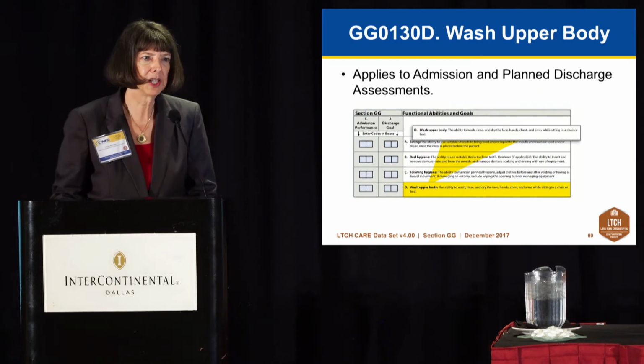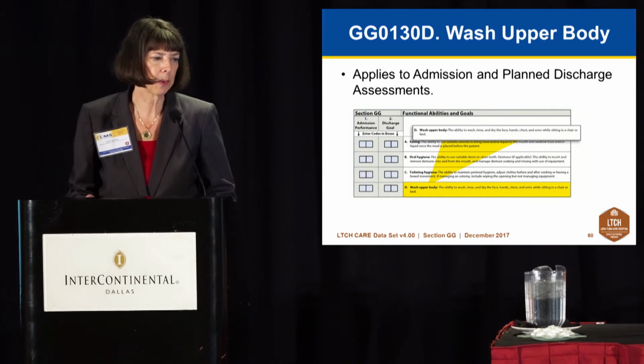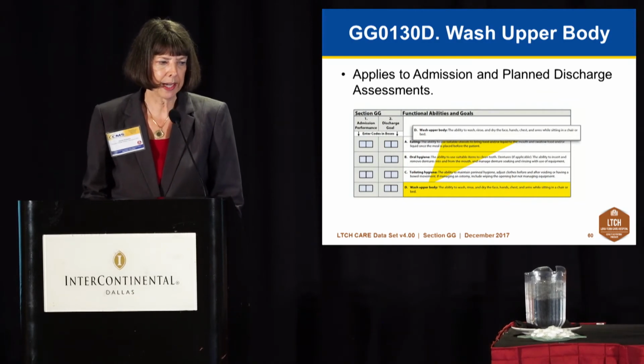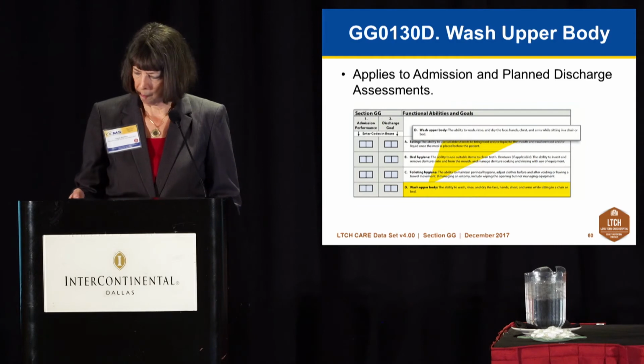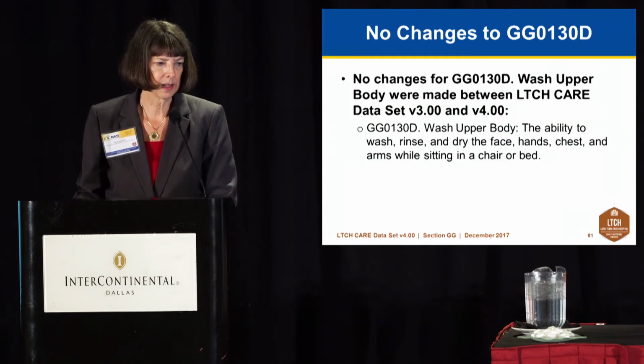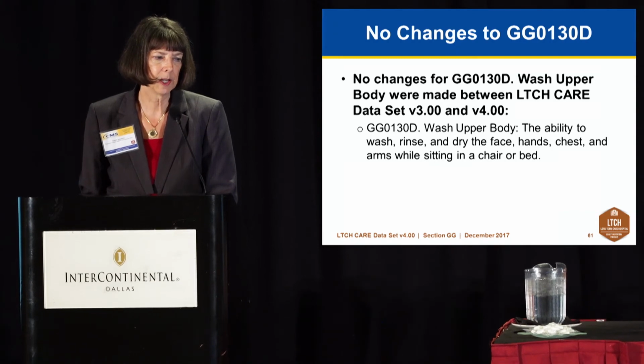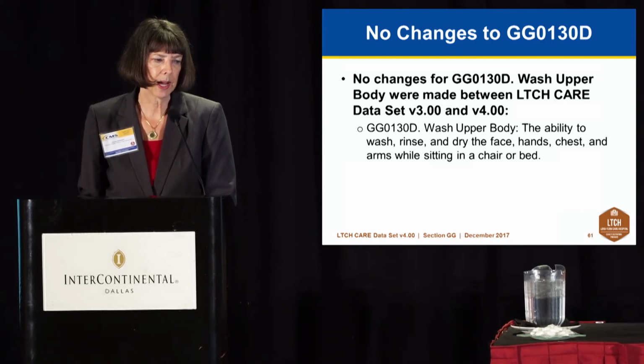We have just finished scenario 5. We're going to go ahead and start with wash upper body, which is GG0130D. So this is what it looks like. And we have not made any changes to GG0130D for wash upper body.